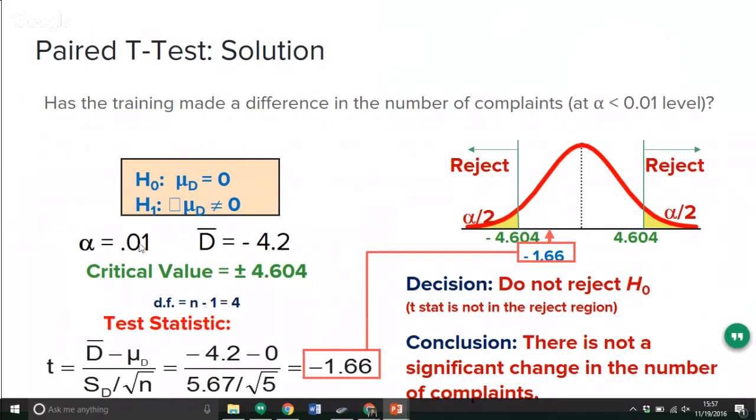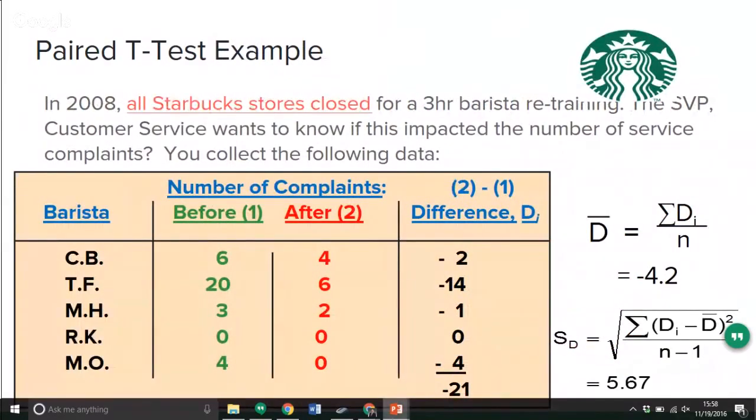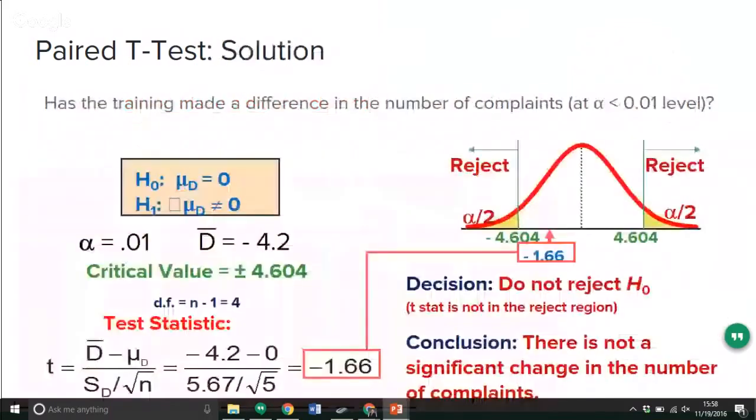We calculate everything out using the test statistic, and we find that t is negative 1.66. We don't reject the null, which means we're failing to reject the null, so there is not a significant change in the number of complaints. This is an instance where the 21 complaint difference seems like it might be significant, and that's why we use inferential statistics, because that difference ends up statistically not being different.